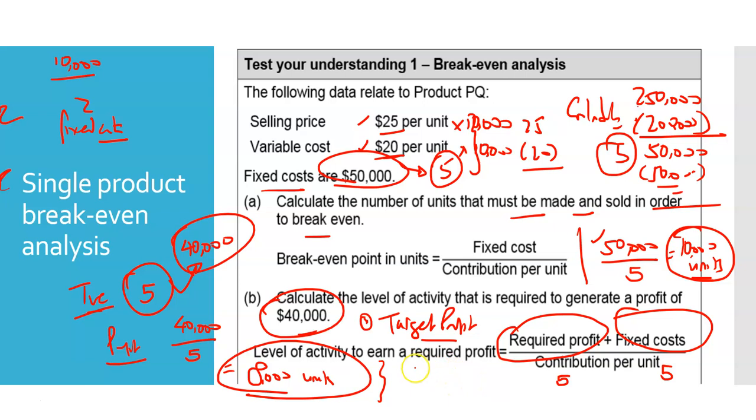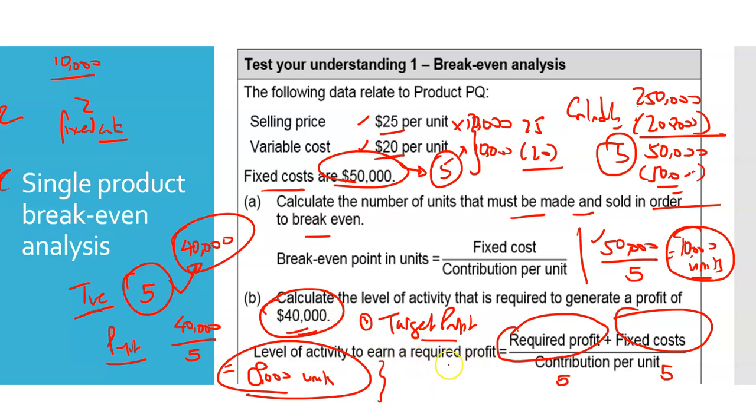So technically, I could consider 40,000 to be a fixed cost of sorts, because ultimately it's a target. It might be a benchmark from work that they require me to meet before I can get my bonus.